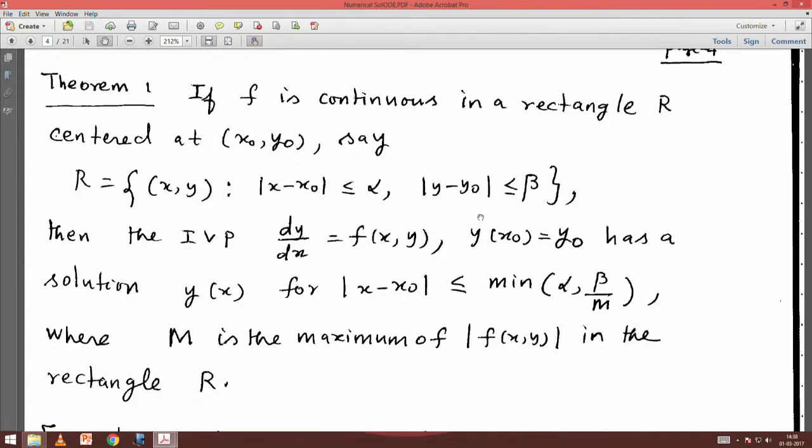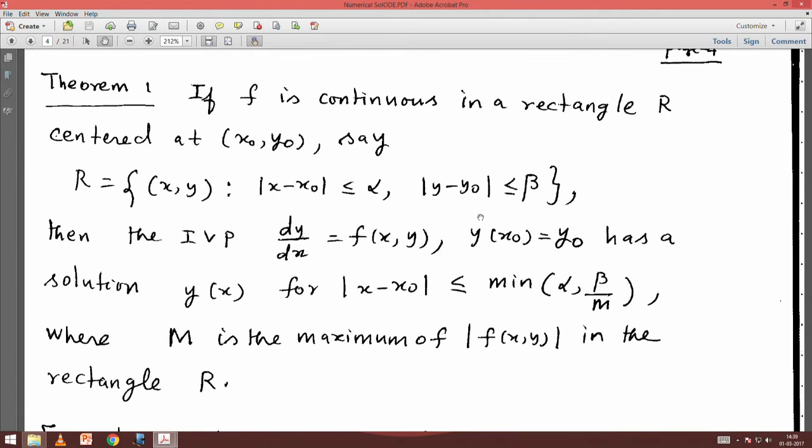It gives us the condition under which the solution of an initial value problem exists in a neighborhood of the initial point. It says: if dy by dx is equal to f of x comma y is the first order differential equation given to you, subject to an initial condition y of x naught equal to y naught, then if the function f of x comma y is continuous in a rectangle capital R, which is centered at the point x naught comma y naught.